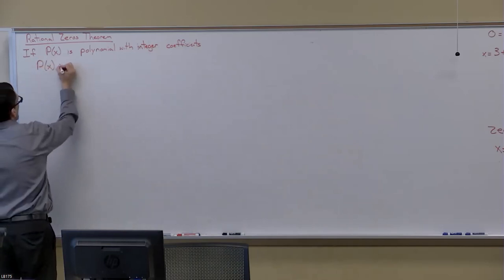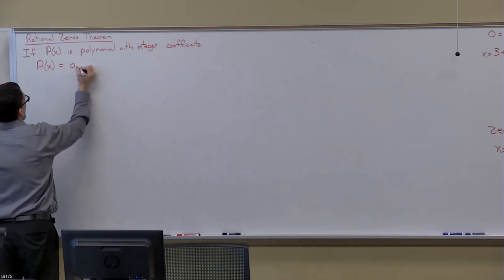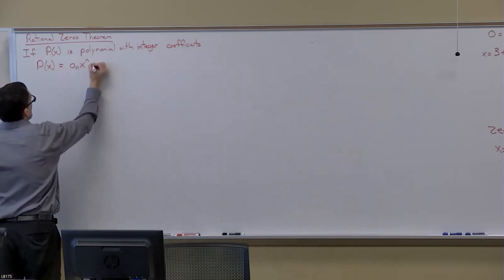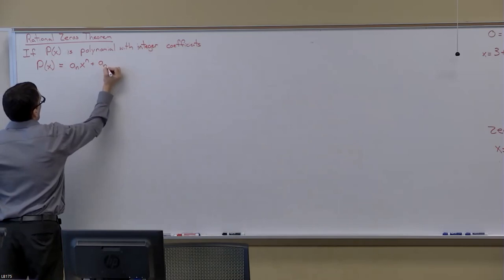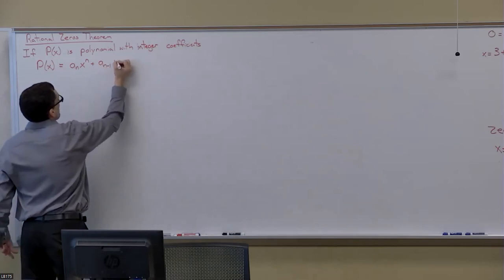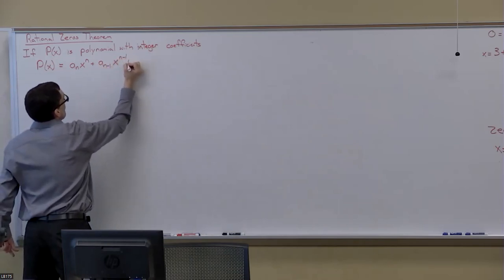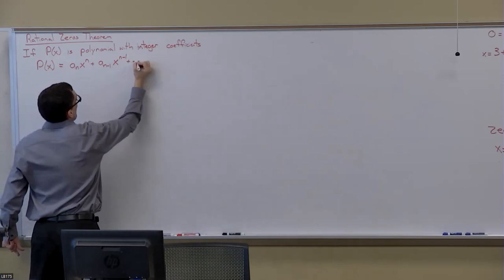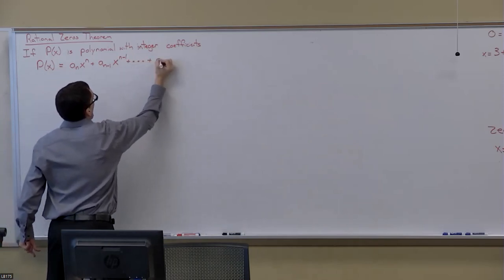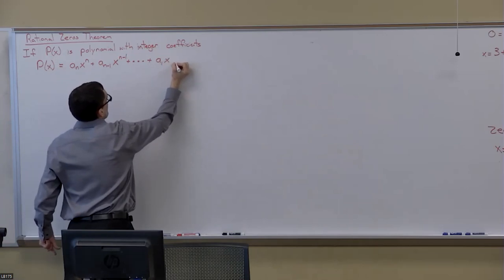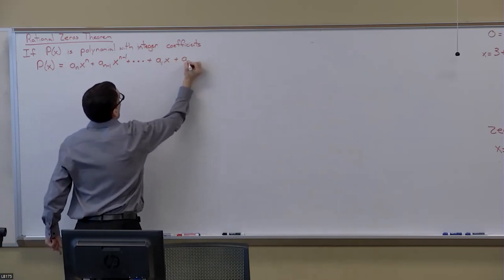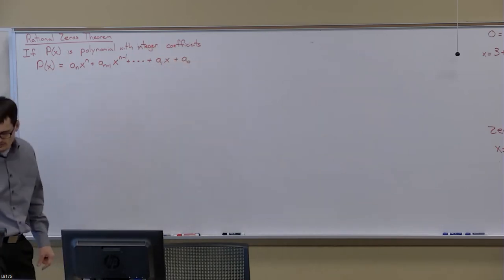And in particular, we're going to write our integer coefficients as a sub n, a sub n minus 1, and so on and so forth, a1 x to the first plus a0.